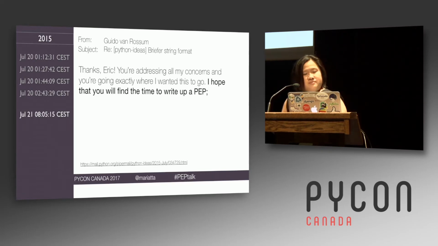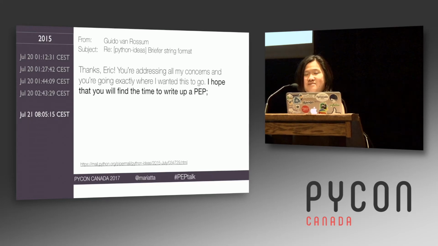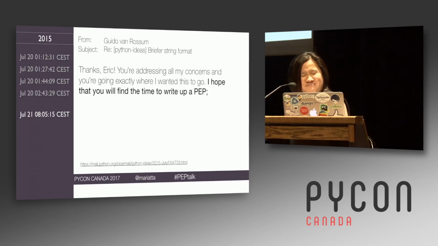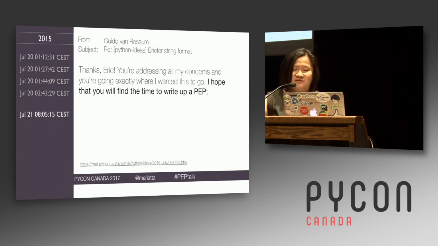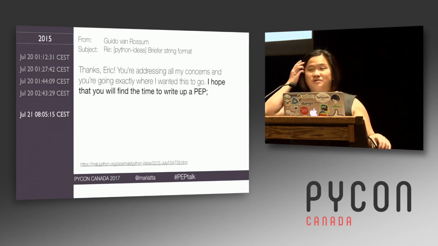So he said, Eric, you're addressing all my concerns, and you're going exactly where I want this to go. Please write up a PEP for us. Eric said, well, thank you, Guido, but I'm kind of busy. But I will find time, maybe in the weekend. So we waited.